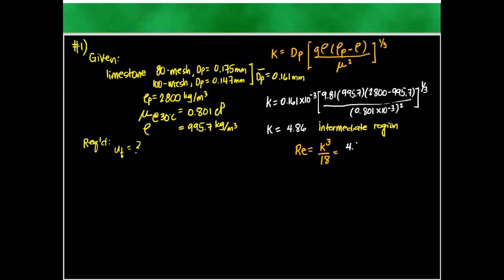So 4.86 cubed over 18 is 6.38. Now that you know the Reynolds number, that means we can approximate CD from the graph.